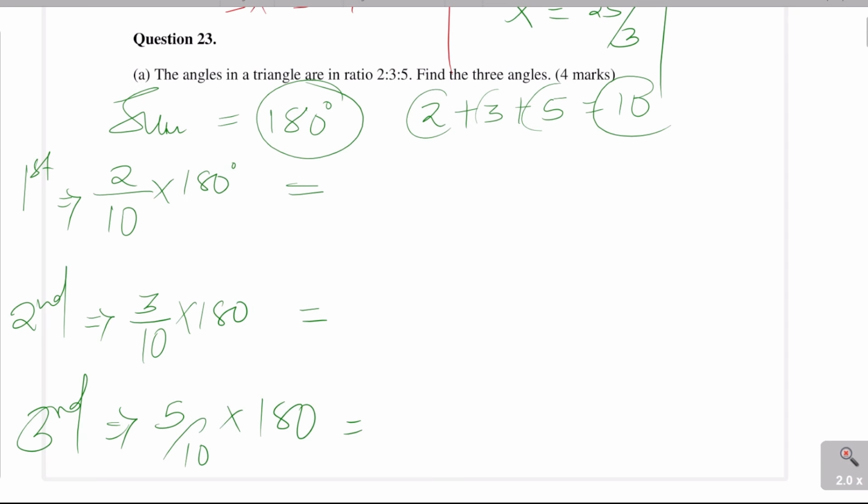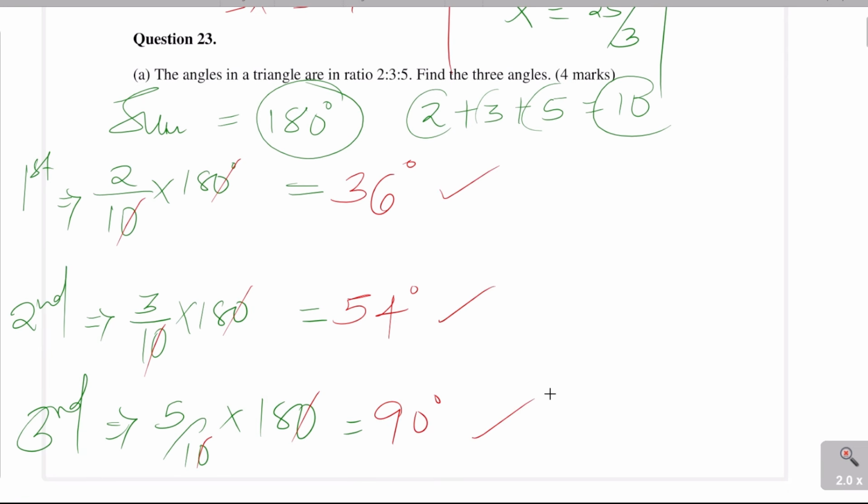So we go to the first one. These zeros will cancel. You have 2 times 18, that will give 36 degrees. Then again 3 times 18, this will give 54. Then 5 times 18, that will give 90 degrees.